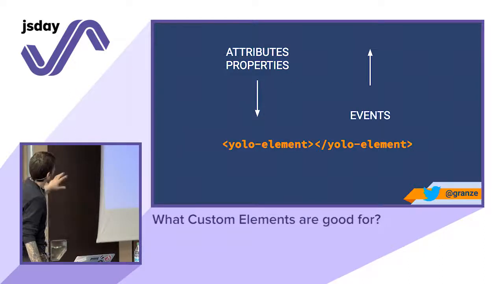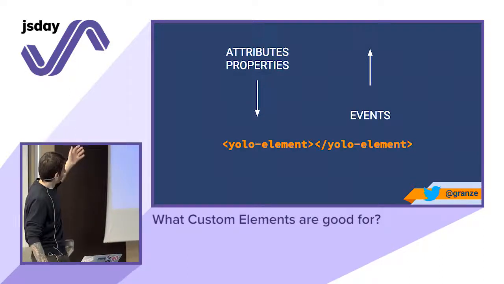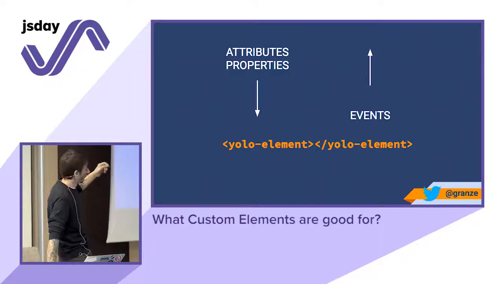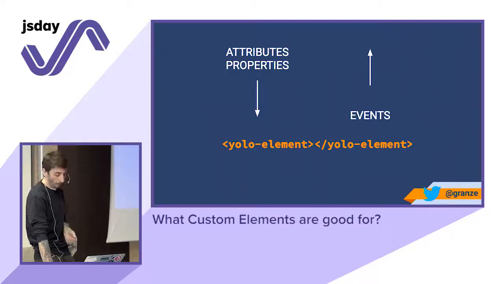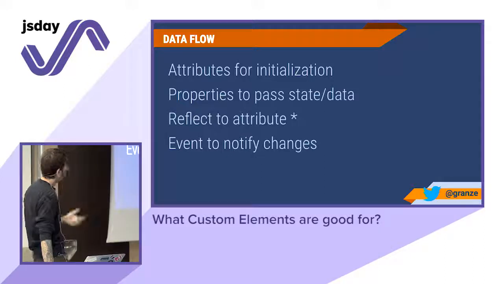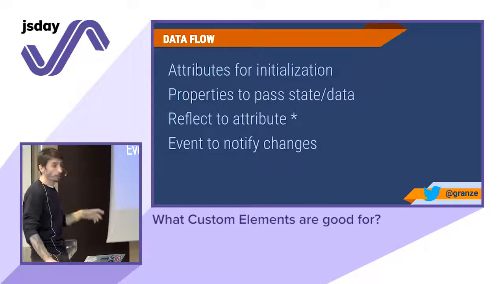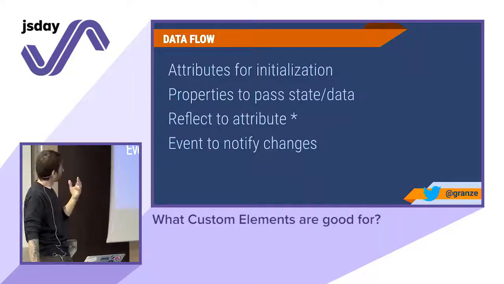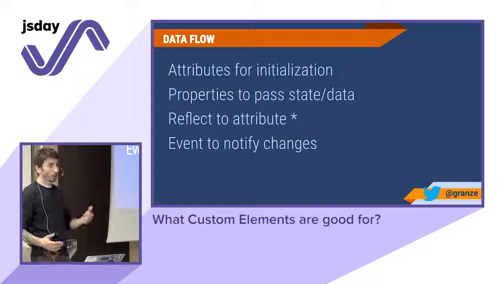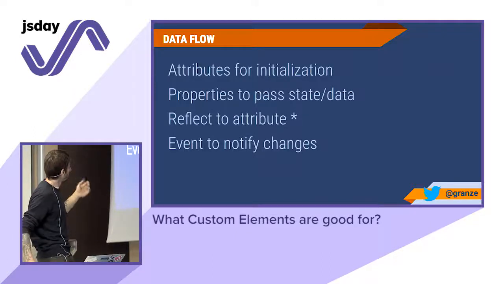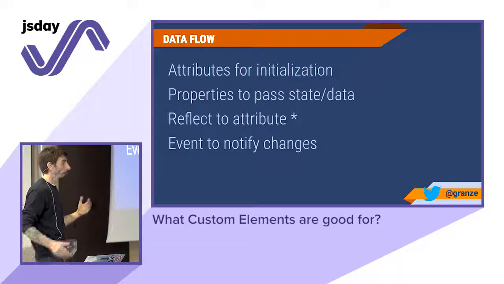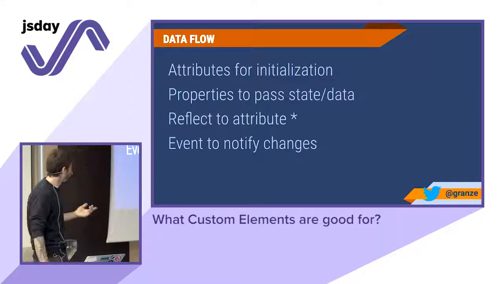So this is more or less the schema. I can access the component with attributes and properties, and I can fire events from the components. So the data flow more or less can be this. I will use attributes just to initialize the component, but if I want to pass a new state or data, I will use properties, and sometimes I will reflect the properties to the attributes because I need it.